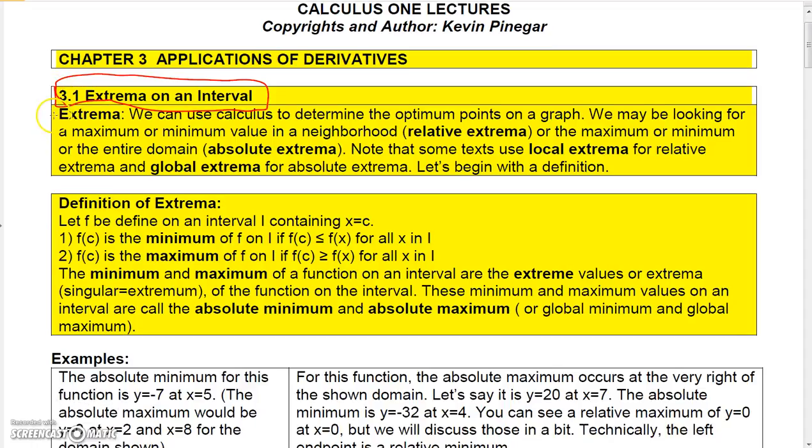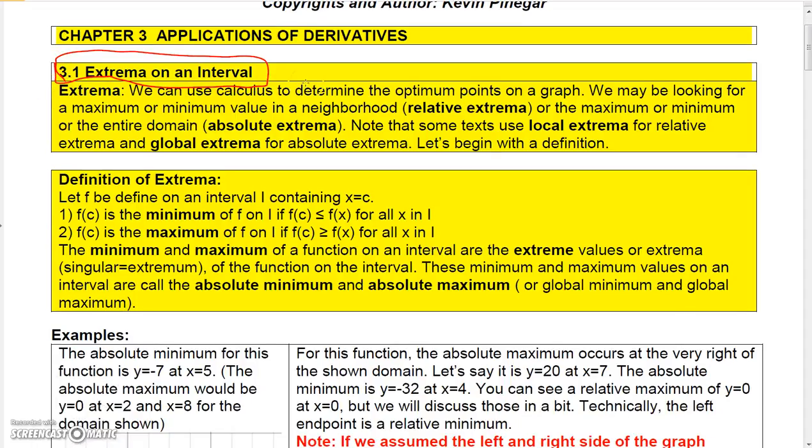And basically we can use calculus to determine the optimum points on a graph. We may be looking for a maximum value or a minimum value in a particular neighborhood. In that case, we would be looking for relative extrema rather than absolute extrema.